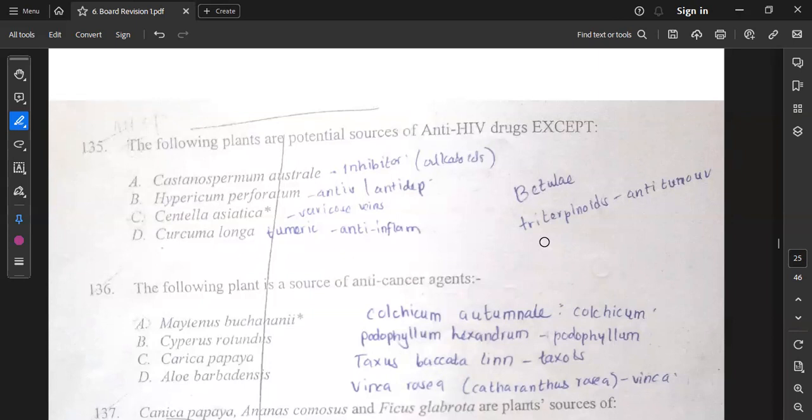Barbaloin. Probably, I'm not sure, but probably yes. Yeah, it also contains vitamins, enzymes, minerals, sugars, lignins, saponins, salicylic acid, and amino acids. Okay. So which is the source of anti-cancer agents here?